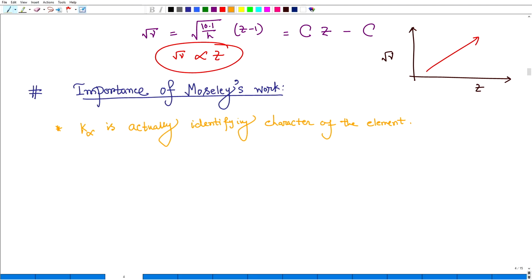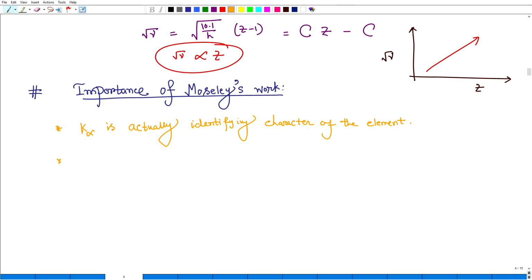It depends on the Z, because if you change the element you will change the Z, and if Z is changed, the energy of the levels will be changed, and daily the energy gap, transition energy will also be changed, which actually changes the frequency of the emitted photon of X-ray. So that is the case.